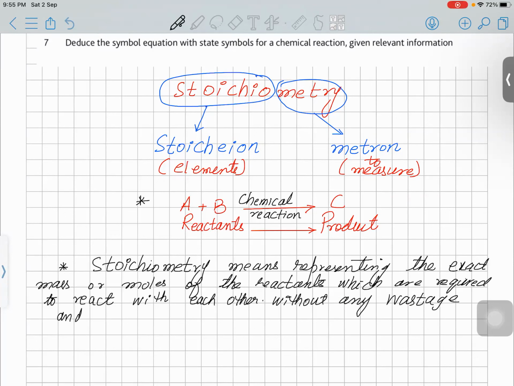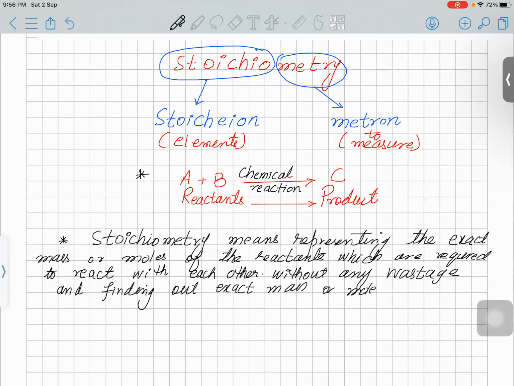And finding the exact mass or mole of the product which will be formed.